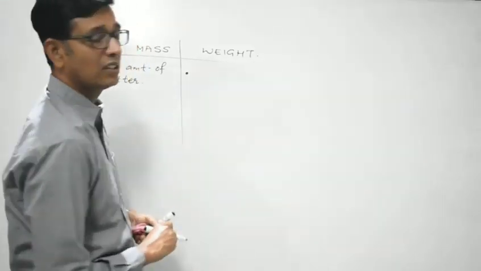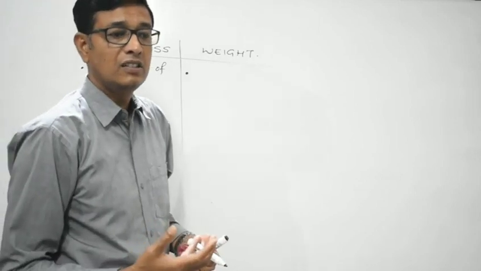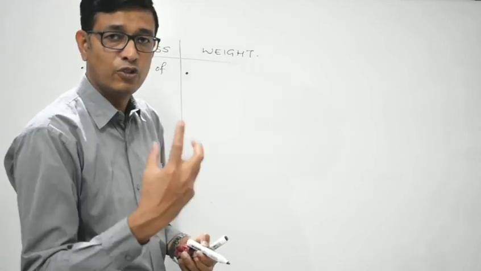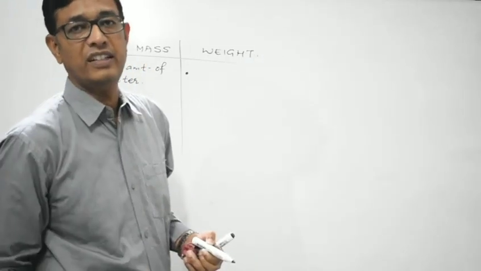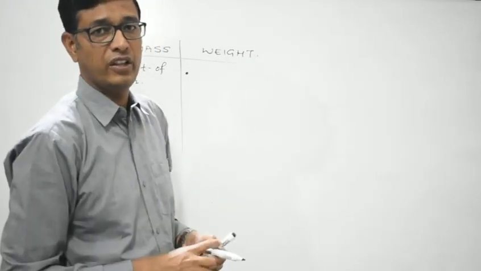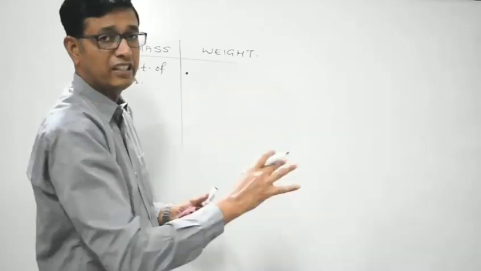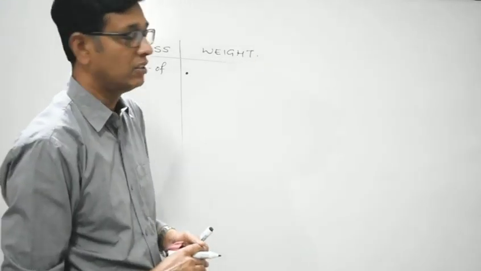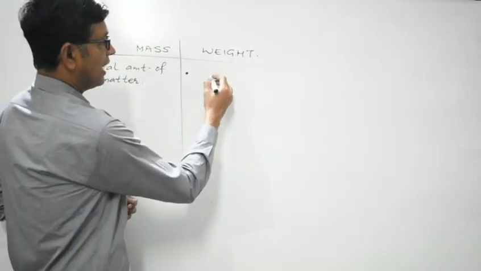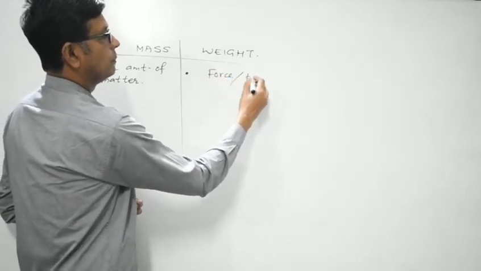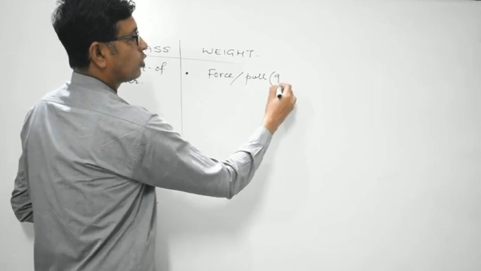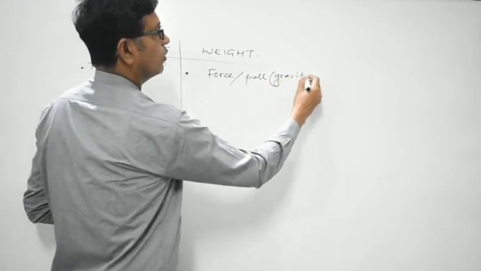So weight of a body is defined as the gravitational pull or the force with which earth attracts the body towards its center. That is known as its weight. We'll discuss the term in detail in the unit gravitation. Right? So weight is actually the force or the pull. Which pull I am talking about is gravitational pull.